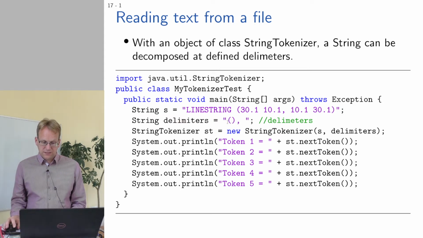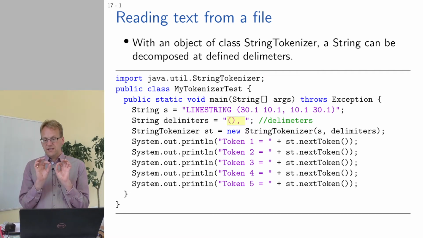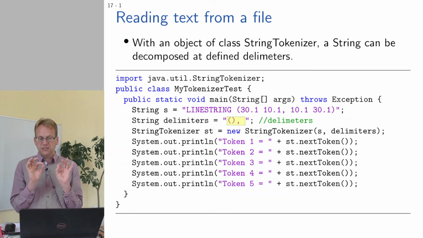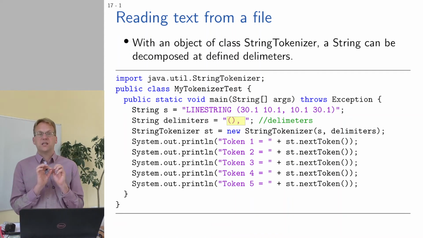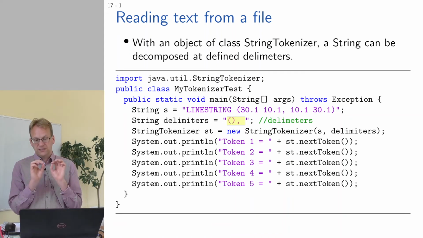I'm saying it's the opening round bracket, the closing round bracket, the comma, and the space. So these 4 symbols are decoration, and they are delimiting the chunks of my string which I'm going to consider separately.